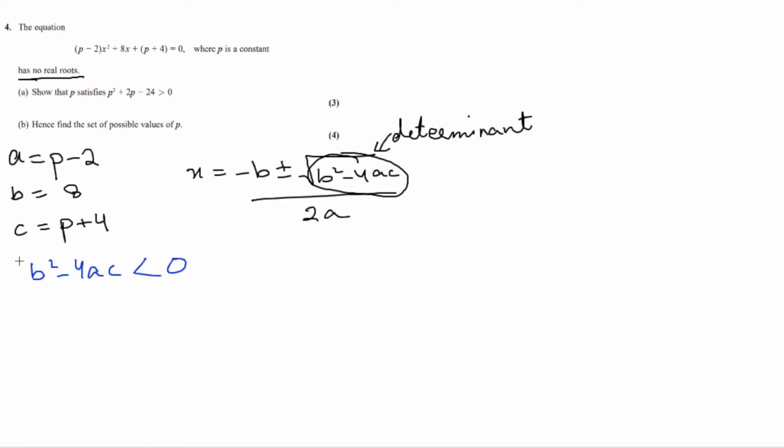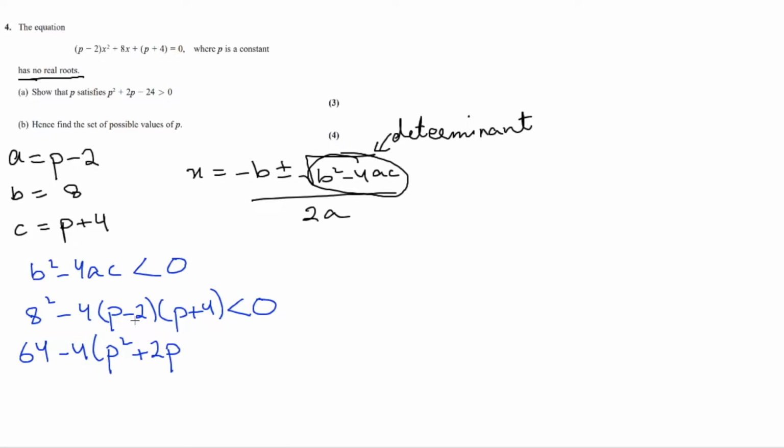Substitute the values of a, b, and c. We've got 8 squared minus 4 times (p minus 2) times (p plus 4) is less than 0. 8 squared gives me 64, and then minus 4, and if I multiply these brackets out, I've got p squared, plus 4p minus 2p, so plus 2p, and then negative 2 times positive 4 gives negative 8, less than 0.